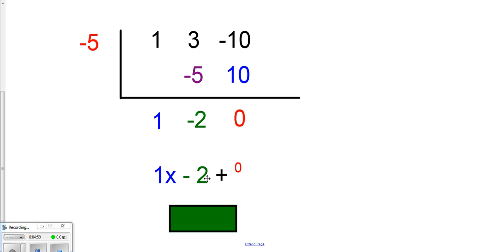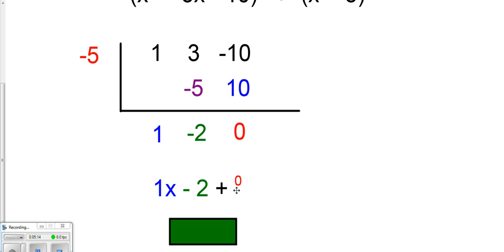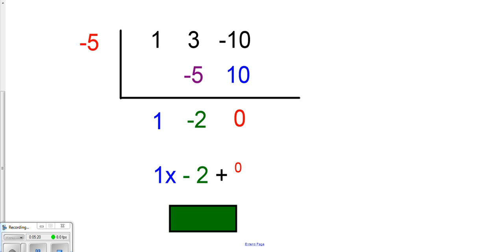I have negative 2 x to the 0th power, or constant, right here. And I have 0 for my remainder, so plus 0 over this, remember, would be my divisor, so this should be my denominator if this was a remainder. Because it's 0, I don't have to worry about it.